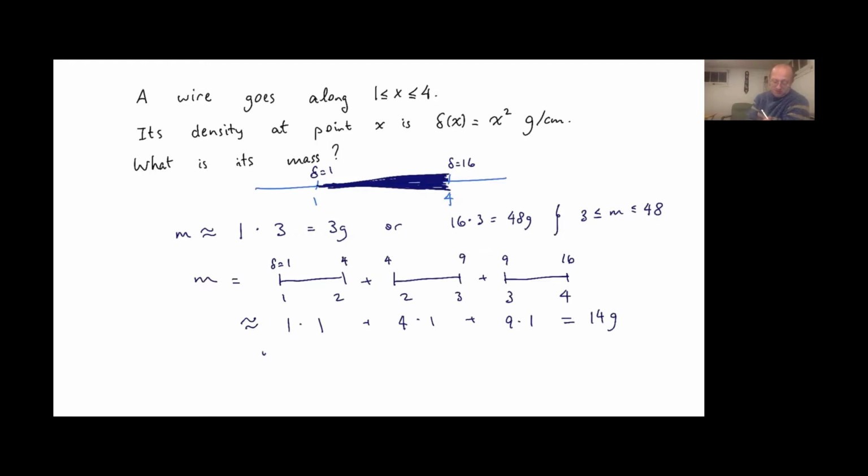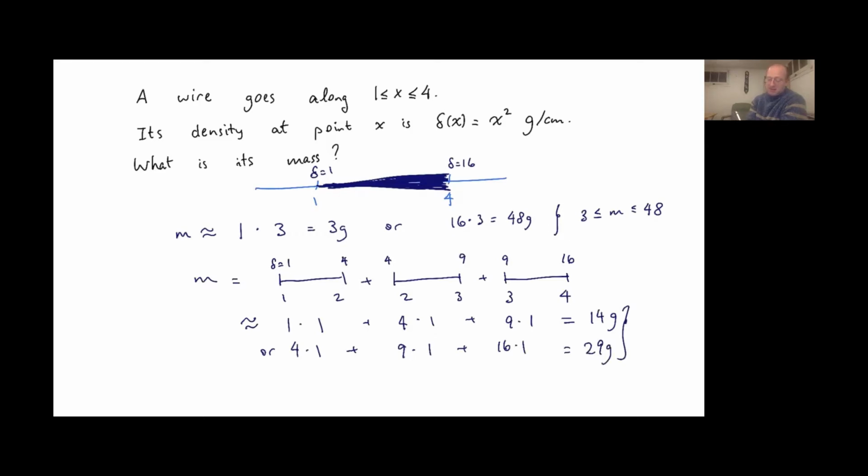Or, this first piece maybe doesn't have density 1. Maybe the density goes from 1 to 4, and most of the points are in between, so maybe we should look at the high end. At the high end, it has density up to 4 for 1 centimeter. This next piece has density up to 9 for 1 centimeter. The last piece has density up to 16 for 1 centimeter. Those add up to 29 grams.